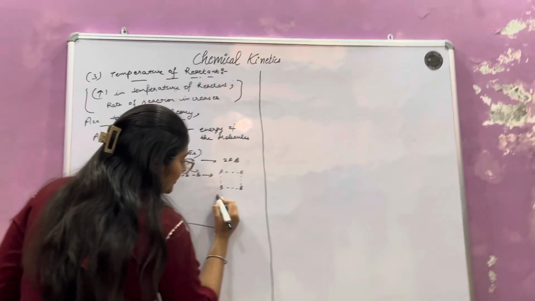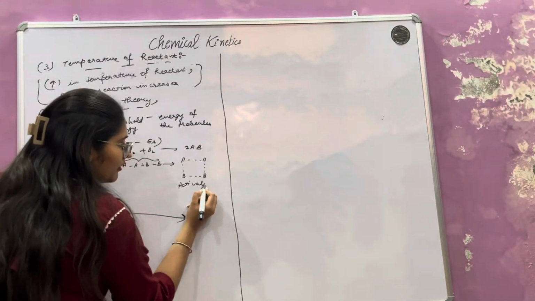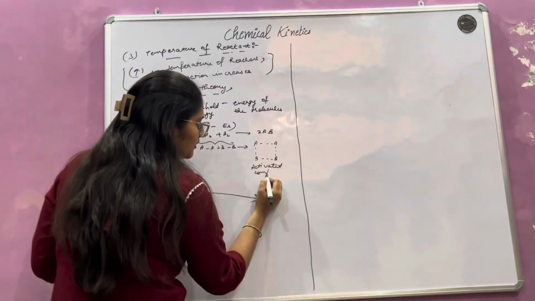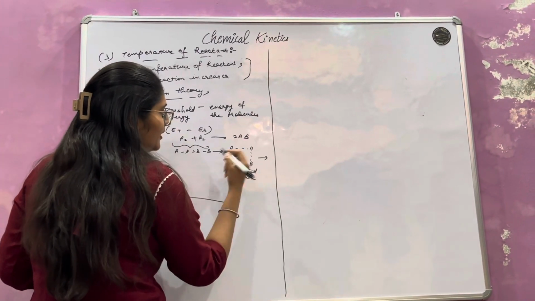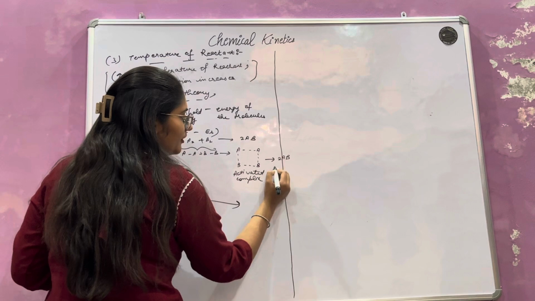Suppose this is an activated complex, A, B. After that it will convert into product.